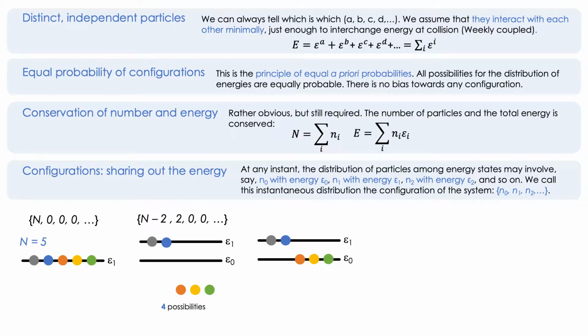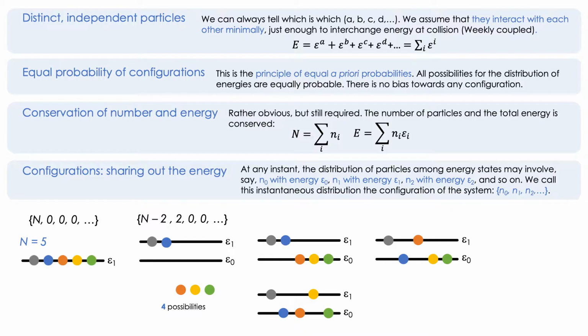If we do that, that's the configuration we get. But we could have chosen the orange one and get this one, or the yellow, get this other one, or the green and get this 4th one. So for the case of choosing as first choice the gray, we have a total of 4 possibilities.